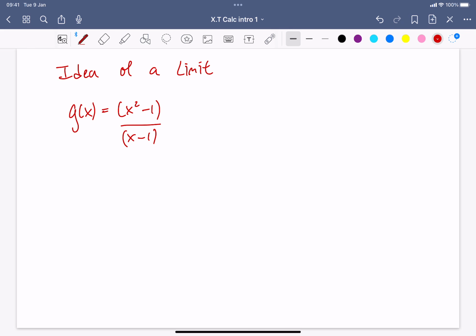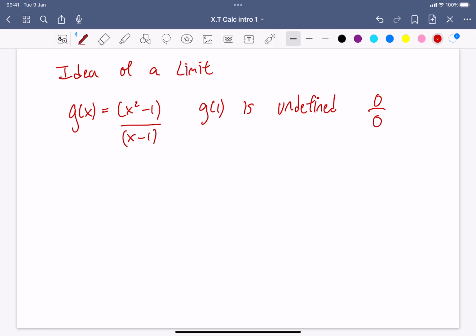Notice that at g of 1, it is undefined, because if you plug in 1 for x, you would get 0 over 0, which you simply cannot evaluate.